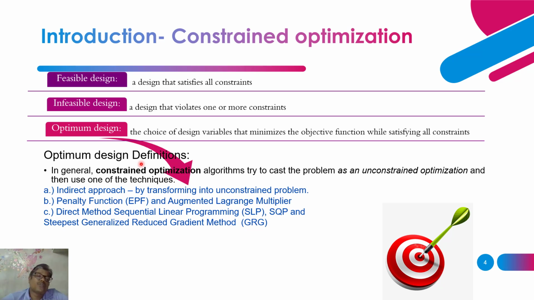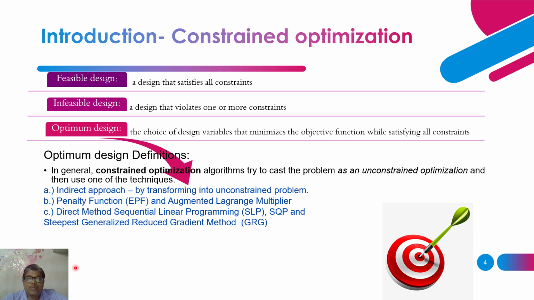We'll be focusing on penalty functions and the augmented Lagrangian multiplier method. Then we will discuss some linear programming concepts, sequential or successive linear programming concepts, and polynomial time linear programming concepts will also be touched on. So that's about the optimum design.